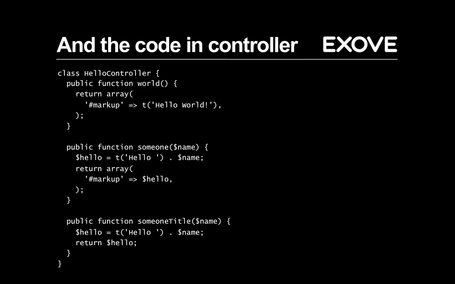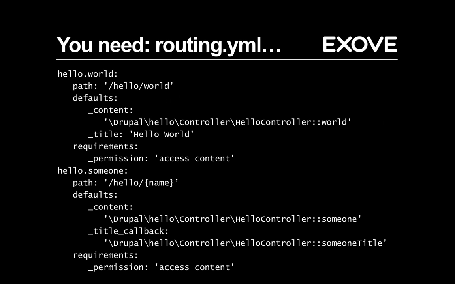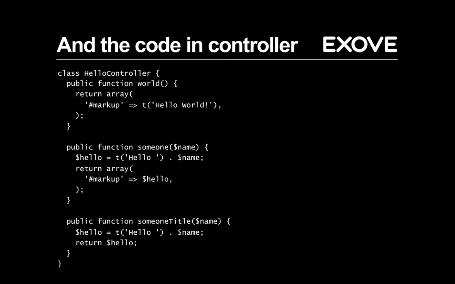Let's go to where I have some code here. What I'm doing here is I'm using the default content type. Here it's a content callable that returns a renderable array like that. But you can also have, instead of content, I think it's controller.